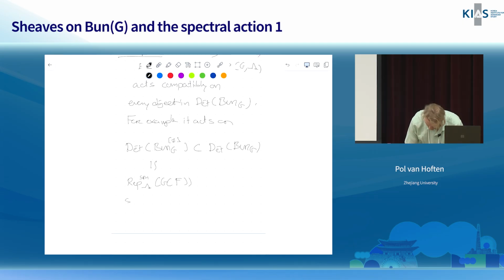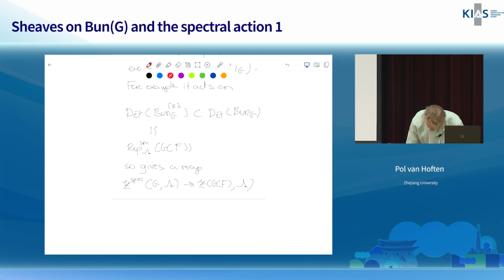So it gives a map from Z^spec(G, lambda) to the Bernstein center. Okay, so this is called the spectral Bernstein center. And this is called the usual Bernstein center.